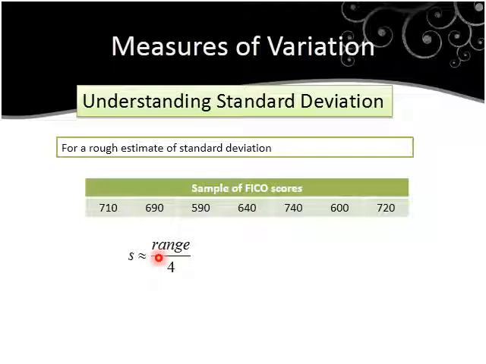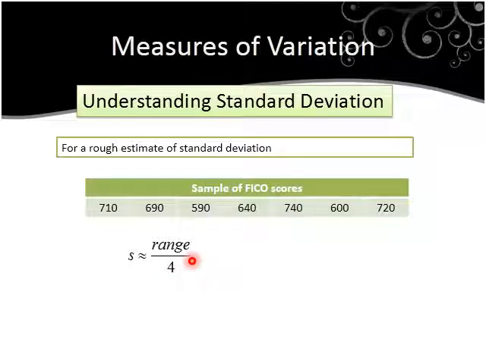Generally what we use this for is if we're doing the calculation for standard deviation, which as you recall is kind of a tricky formula, and you want to make sure that your answer is in the ballpark, you can do this calculation, and if your standard deviation is close to this, range divided by 4, there's a good chance you did everything correctly.